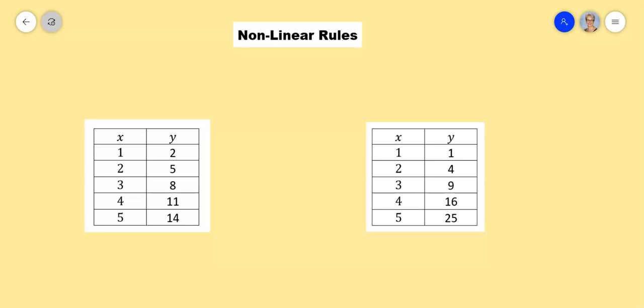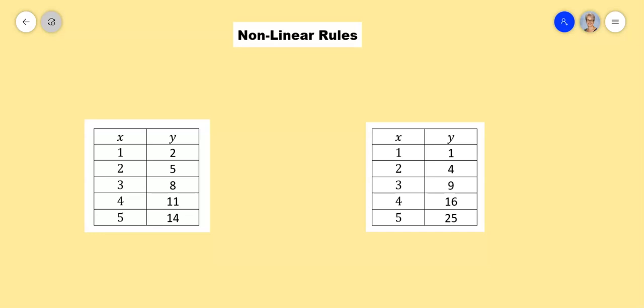In this video, we're going to look at the difference between linear and non-linear rules, and in particular, how to recognise a non-linear rule from an algebra table. We have two algebra tables here. If we look at the table on the left, can you recognise whether this is a linear or a non-linear rule?